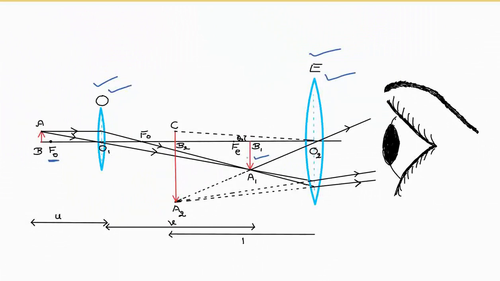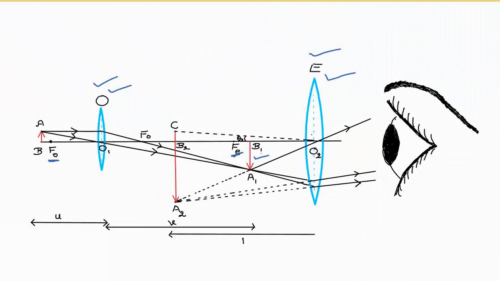Now this image A1B1 is formed between the focus and optical center of the eyepiece lens. See here, FE is the focus of the eyepiece, and the eyepiece is so adjusted that the A1B1 image formed by the objective lies between the focus and the optical center of the eyepiece lens.